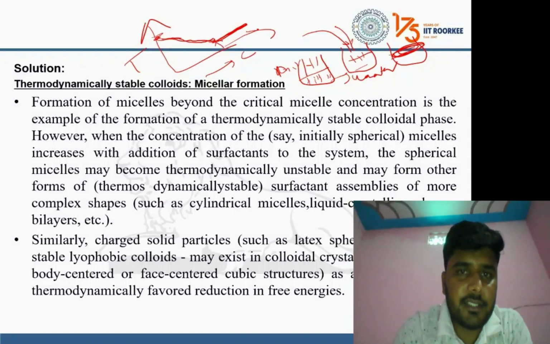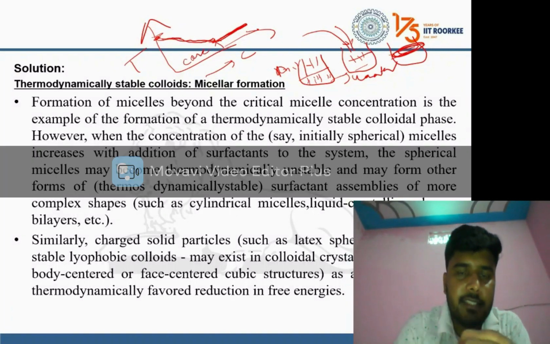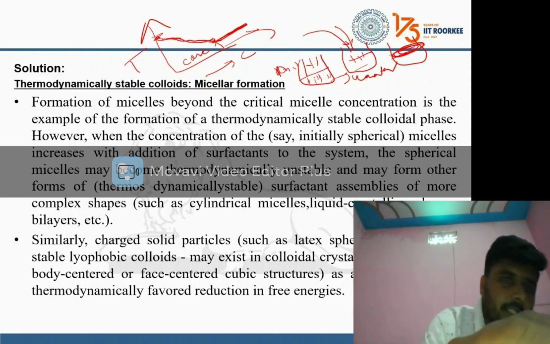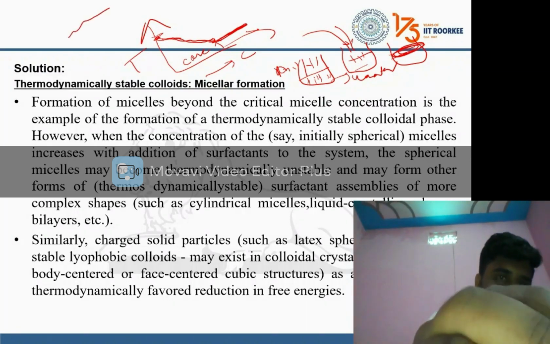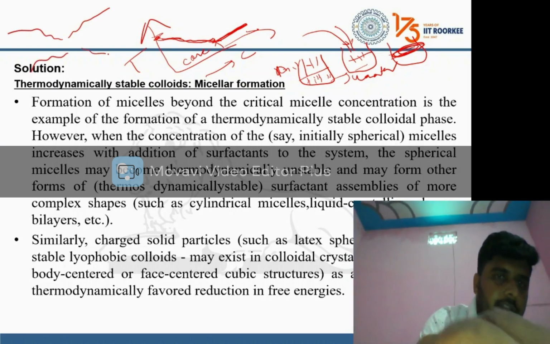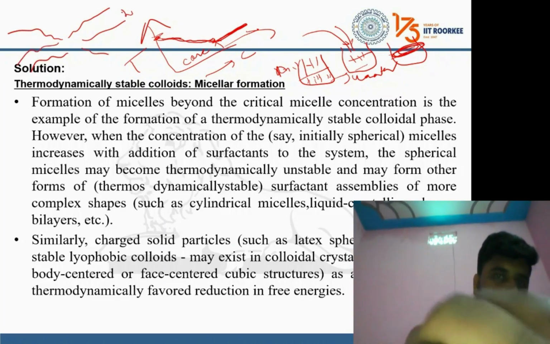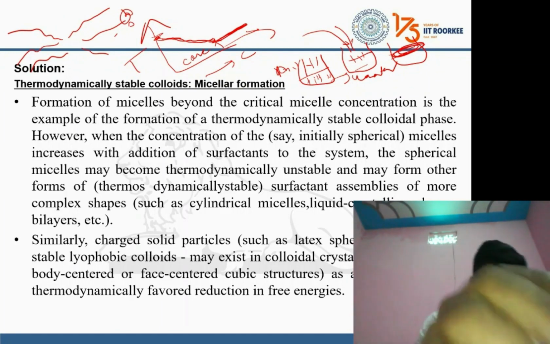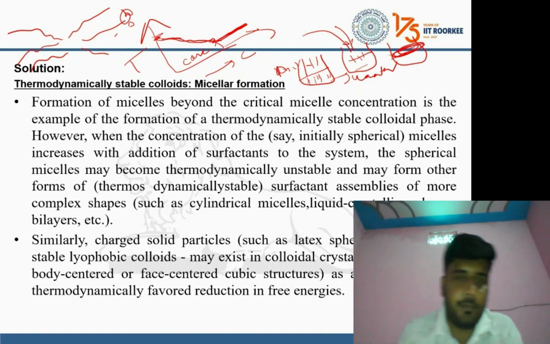That concentration is called the CMC, the critical micelle concentration. At that point there is micelle formation, just like this. This is an example, and you can study it in more detail in many books.